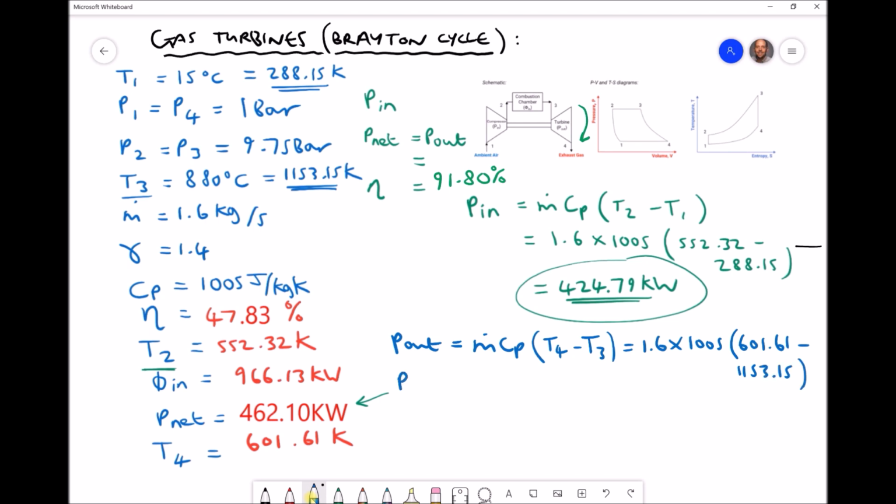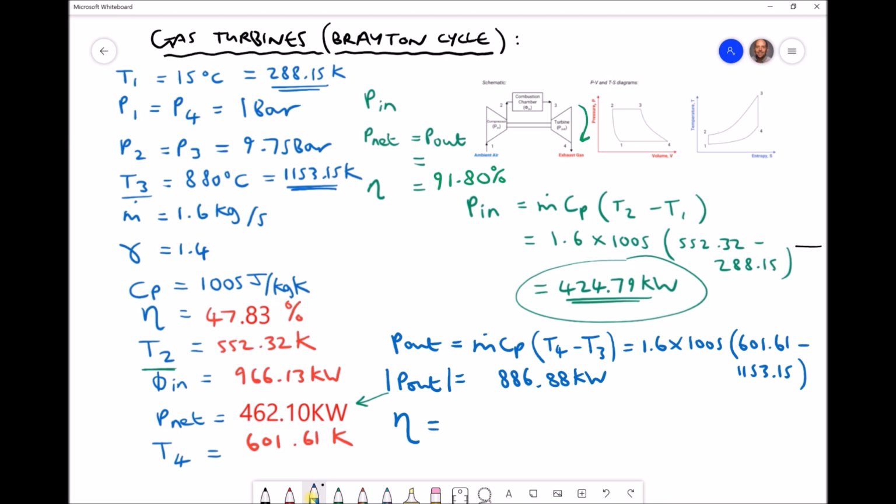So running that through the calculator gives us a P out value equal to minus, because the energy is leaving the process, 886.88 kilowatts. Now we're interested in the magnitude of P out, and the magnitude of P out is just 886.88.